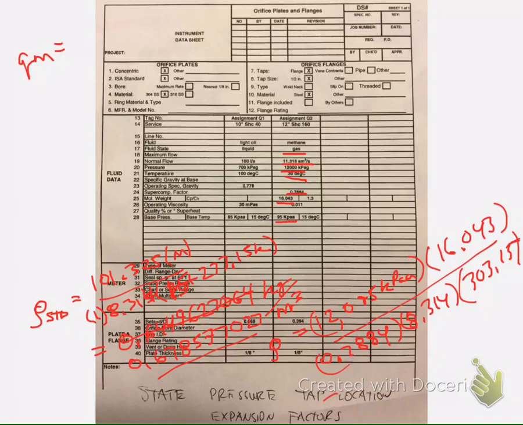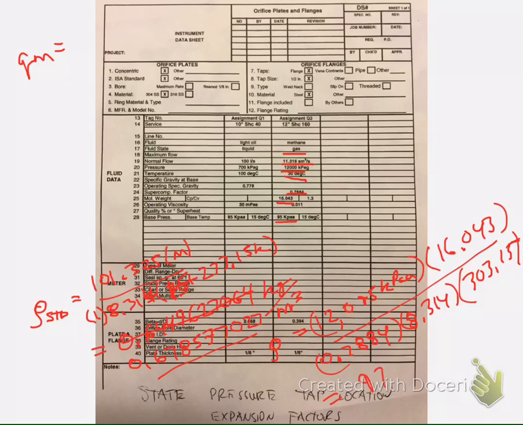So we enter that in, and that's going to give us our density, because we'll need the density at flowing conditions as well. So 12,095 times 16.043 divided by 0.7884 times 8.314 times 303.15.